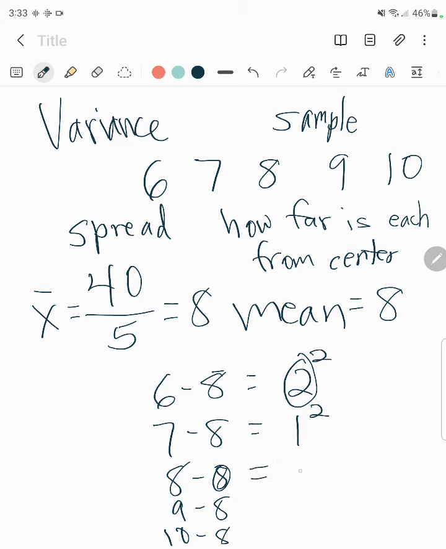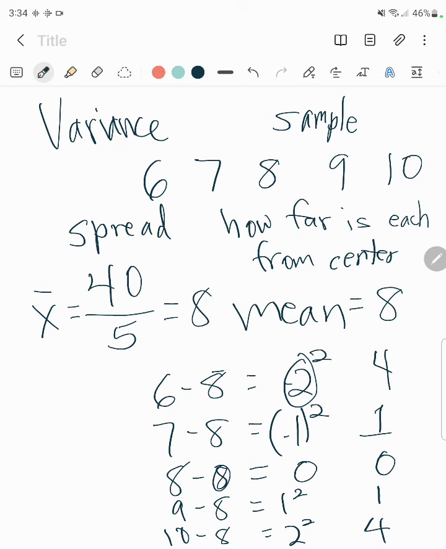So each of those differences is squared. -2, -1 squared is positive. So I'm not worried about negatives and positives, but that's how far they are from the number 8. And so we have 4, 1, 0, 1, and 4. So we add the differences squared, and we have 10.